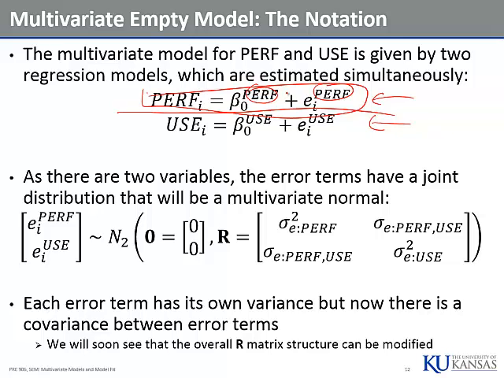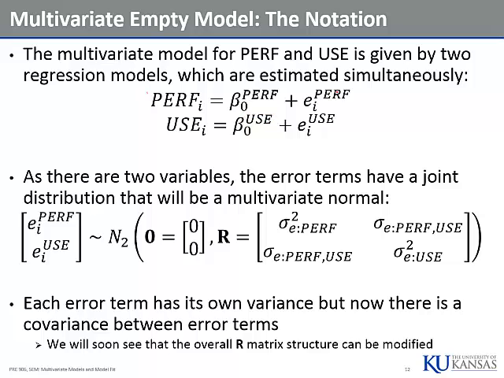That's because when we start doing path analysis, we'll have multiple dependent variables, multiple endogenous variables. So I like to denote which effects are for which regression equation. This beta 0 perf represents the intercept in the prediction of performance. Beta 0 use represents the intercept in the prediction of usefulness. They're both intercepts, but they will likely be different values.